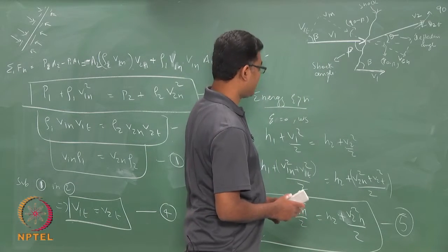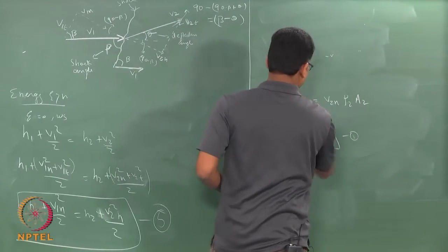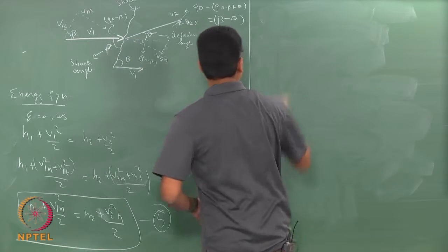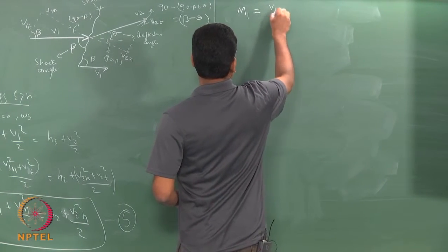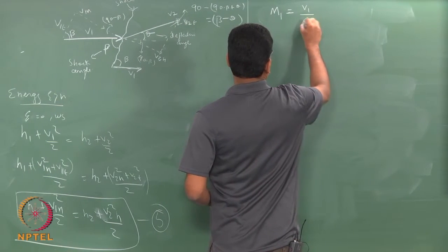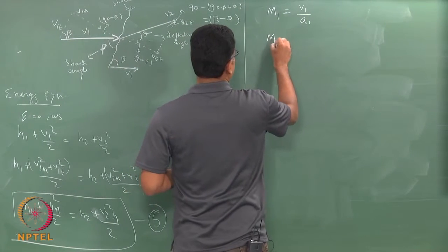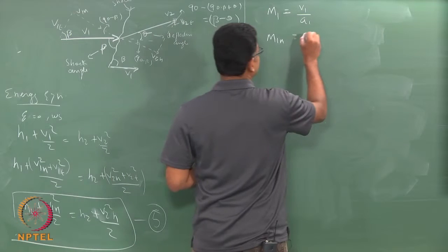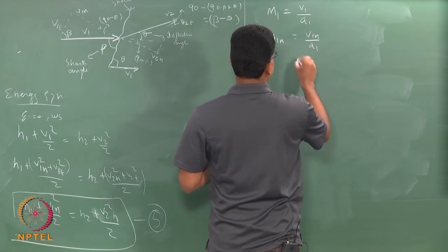If that is true, then we can proceed further and define our Mach number. Mach number is V1 by A1. If I define the Mach number along the normal direction, this is V1n by A1n.